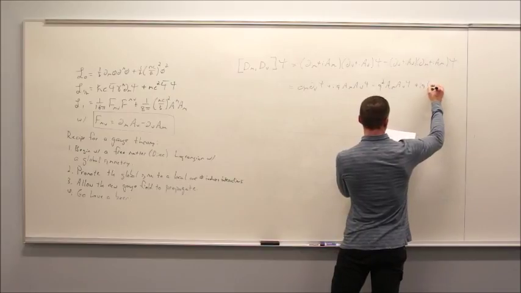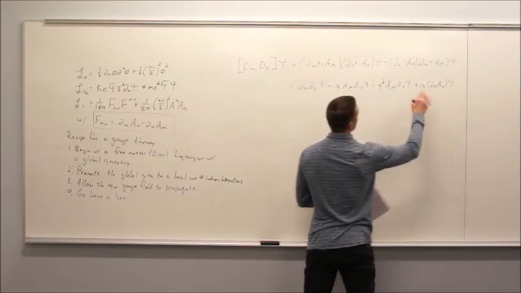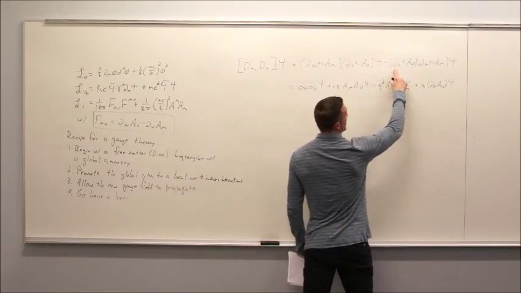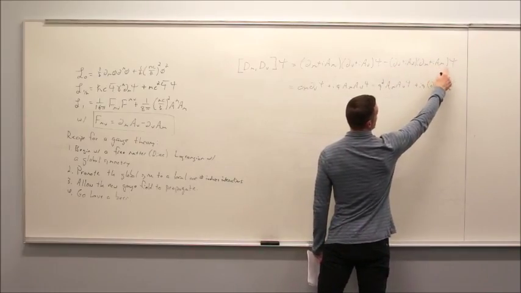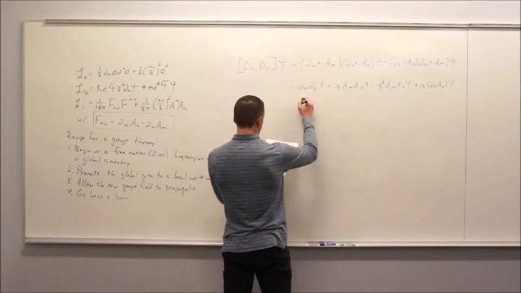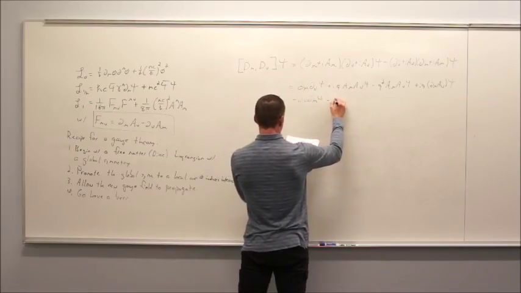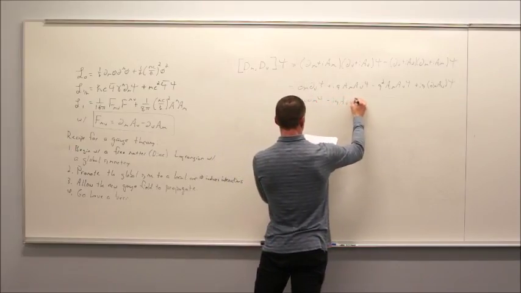And this is, again, just by distributing that derivative. You're going to have product rules because this D nu is going to act on the product of A nu and psi. So you've got to distribute that using the product rule as you're familiar. And in the end, you're going to get an expression like this.